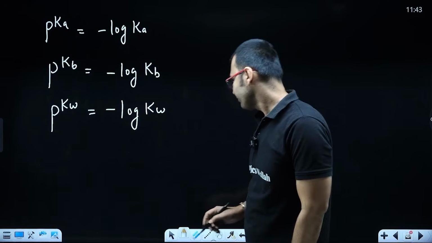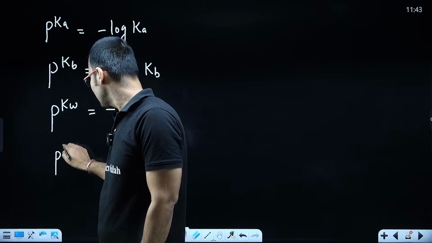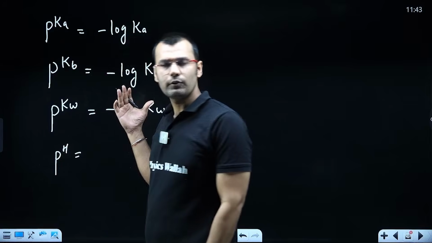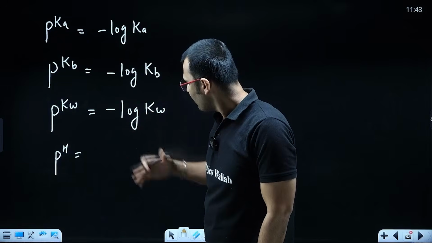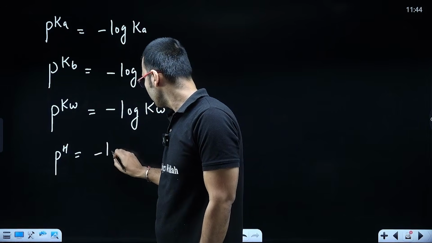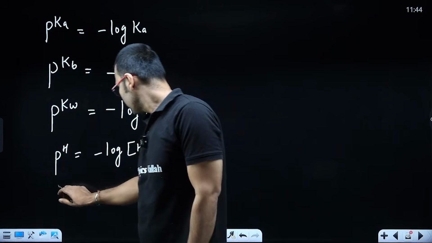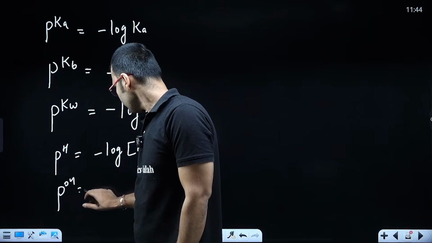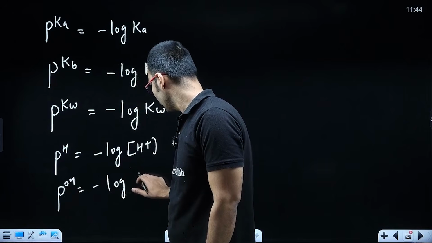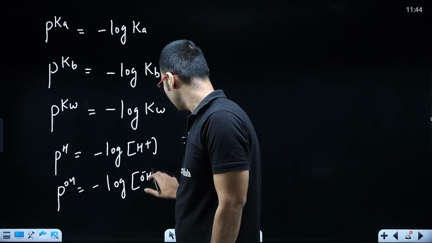In the same way, although we are going to talk about the pH scale later, pH is nothing but minus log activity or concentration of H plus. pOH is nothing but minus log activity of OH minus.